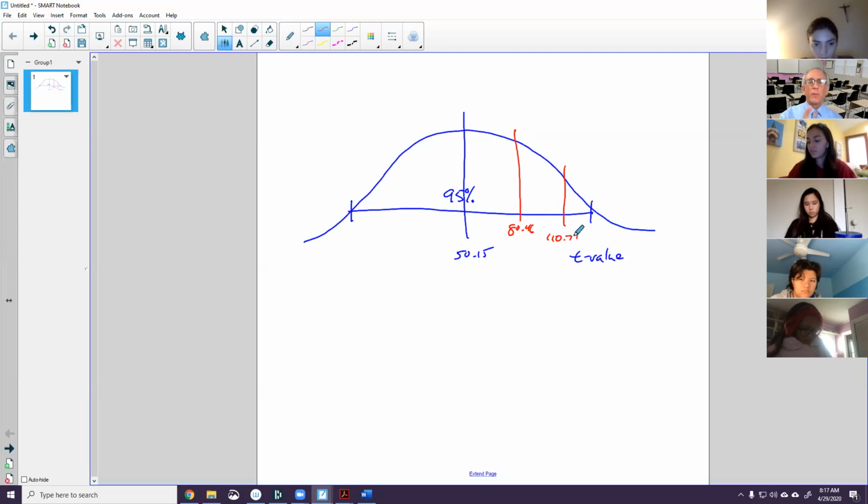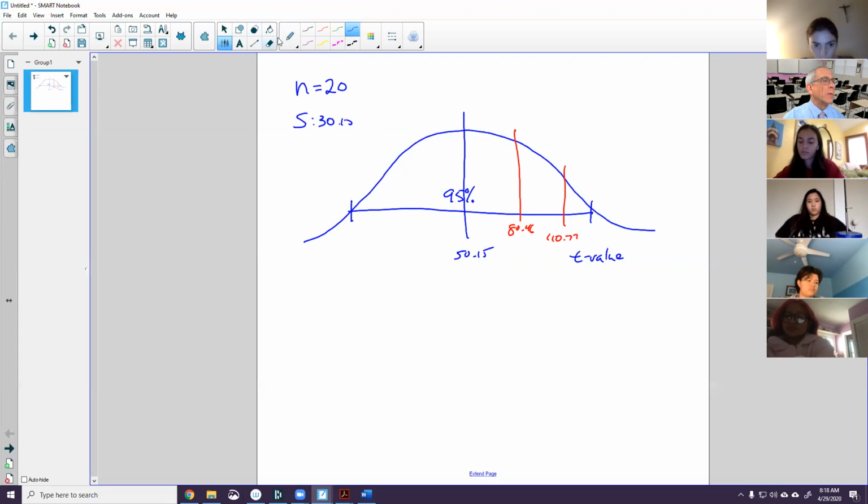Because you made the same mistake that I made the other, like, 2 classes ago, which is a totally reasonable mistake. This is a sampling distribution for samples of n equals 20, right?